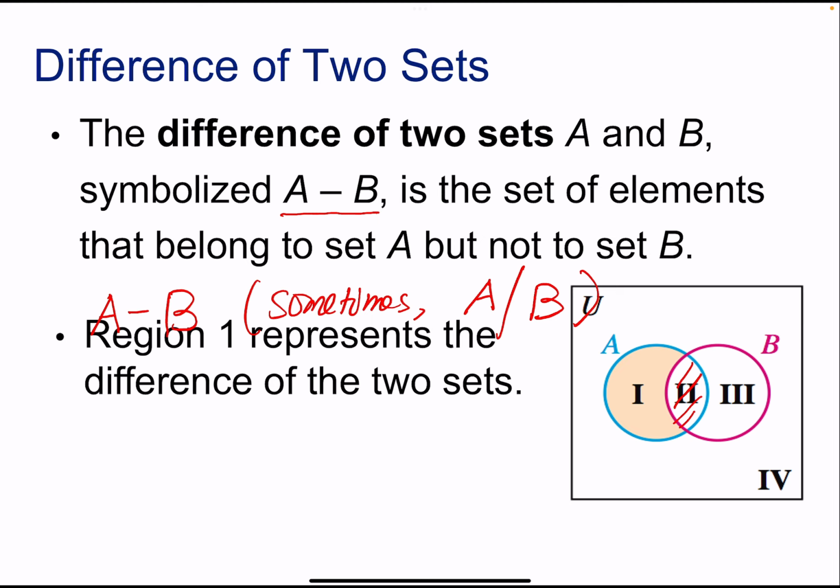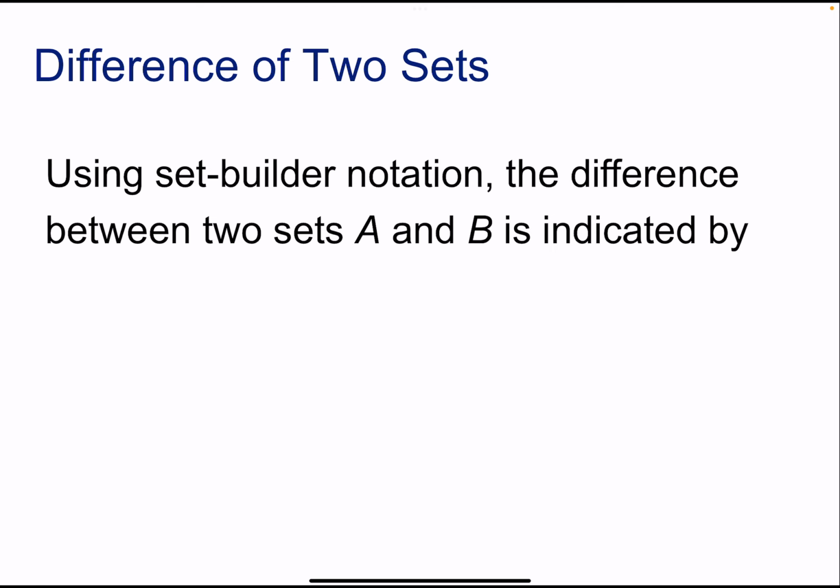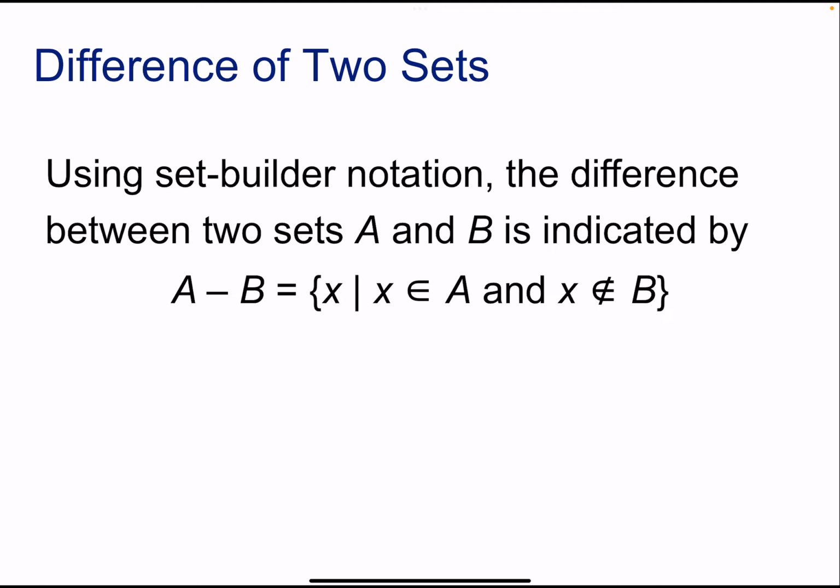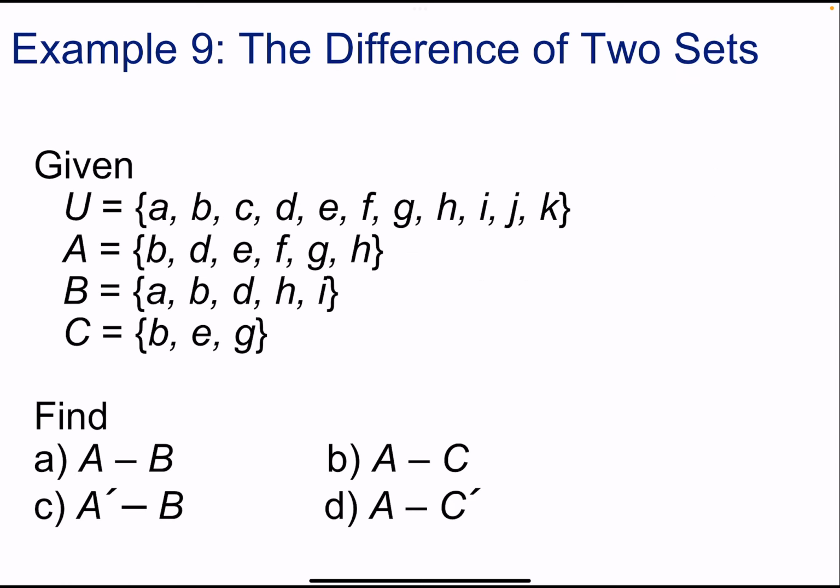You remove that part from A, so you get A minus B, which would be this orange part. You can use set-builder notation to denote this, a little bit mathematical: A minus B equals the set of x such that x is in A, but x is not in B.